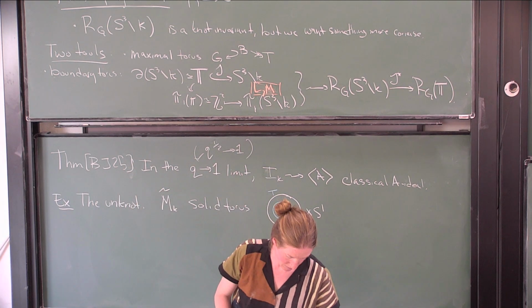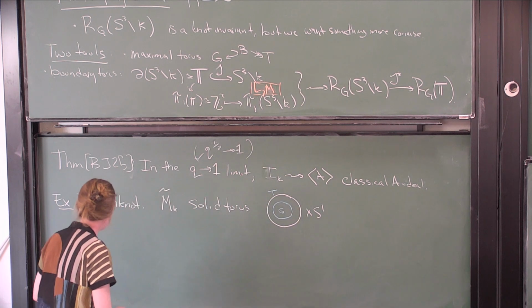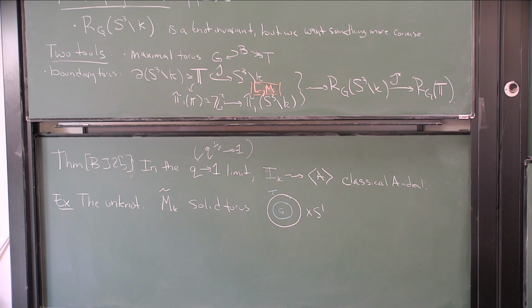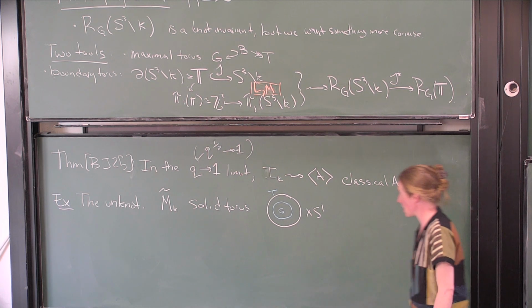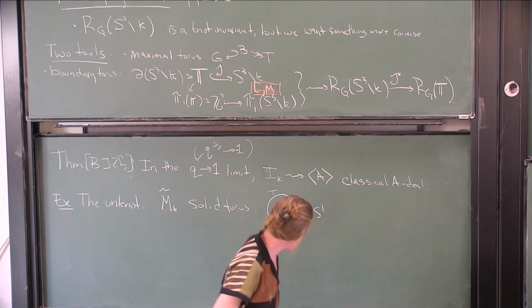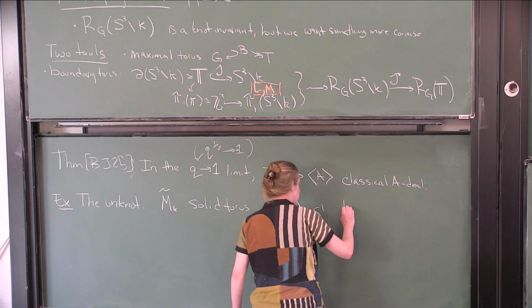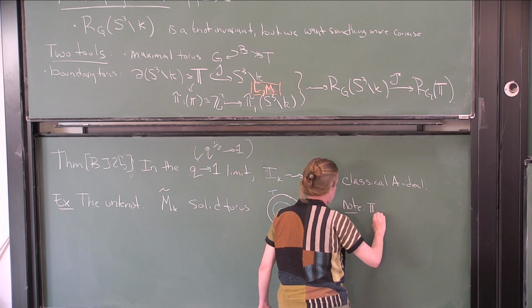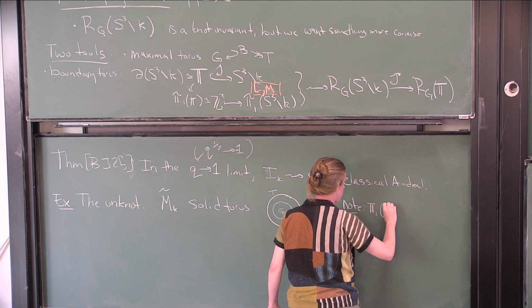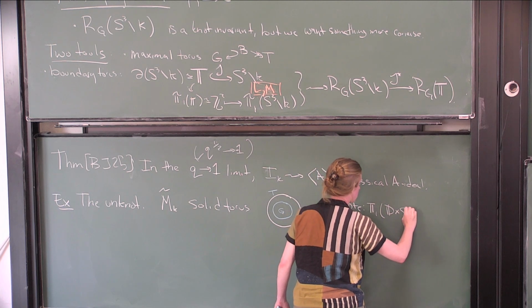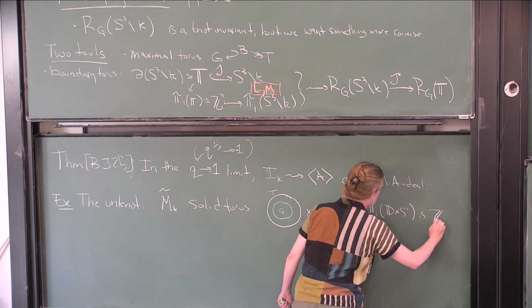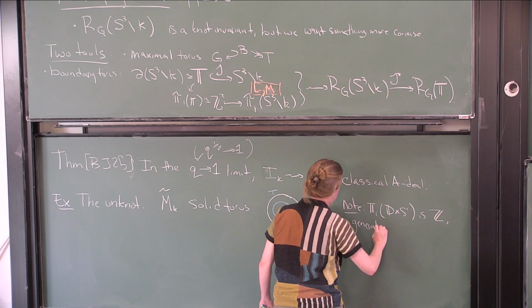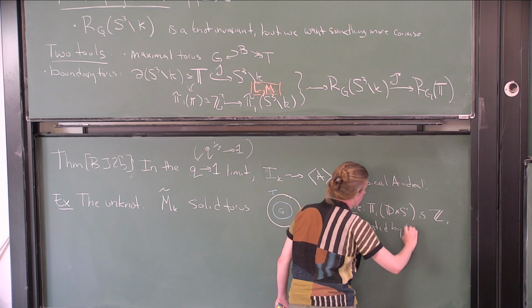Okay. So I need to start thinking about what this is looking like. First, one thing I want to note that's useful is that pi1 of this solid torus is just Z, and it's generated by the meridian.